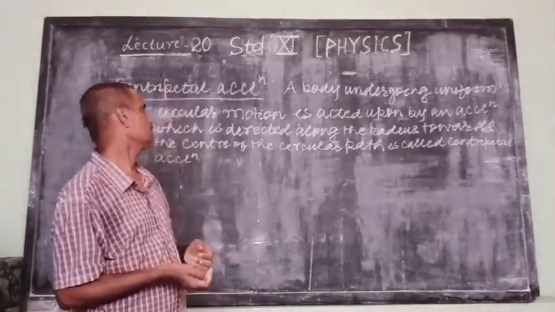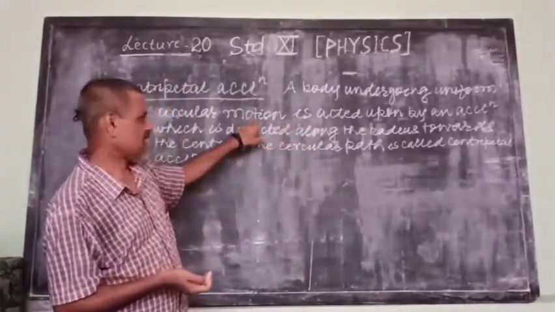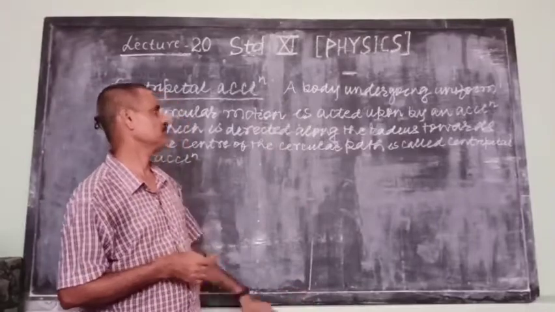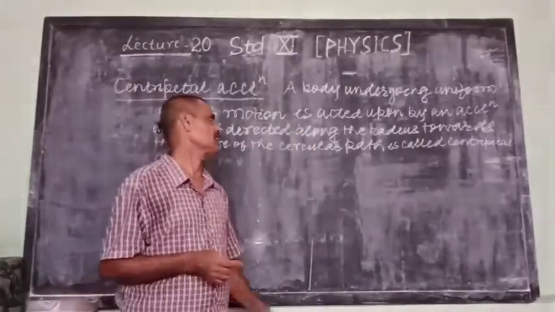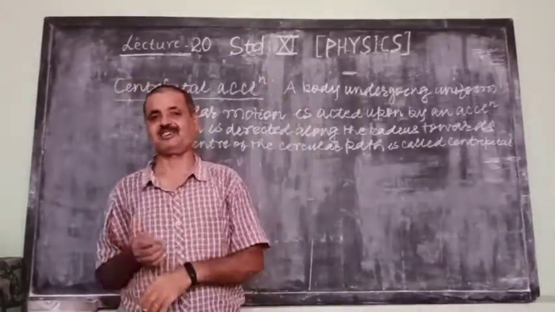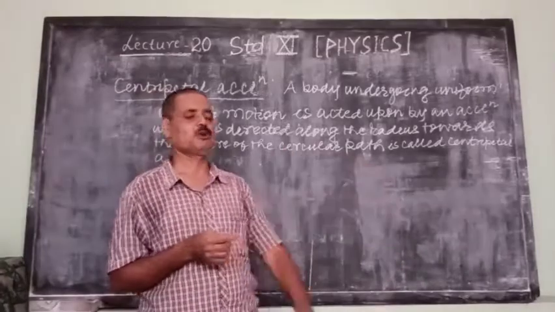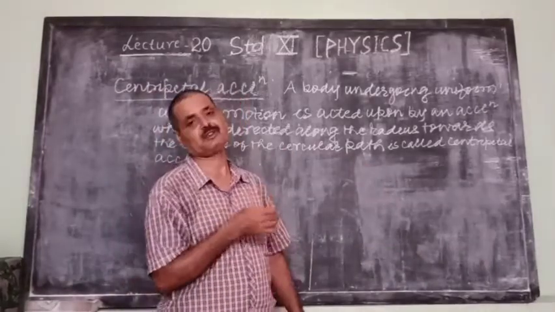So the centripetal acceleration: the body moving on the circular path is acted upon by the acceleration which is directed along the radius towards the center of the circular path. That is called centripetal acceleration.